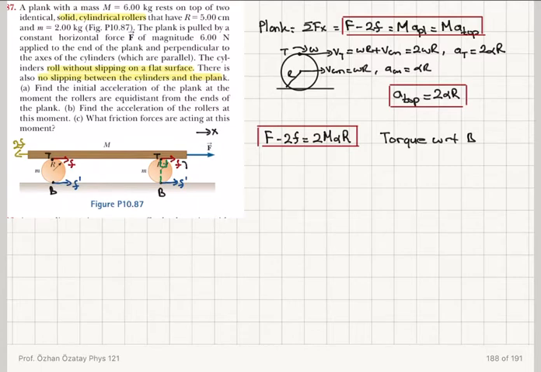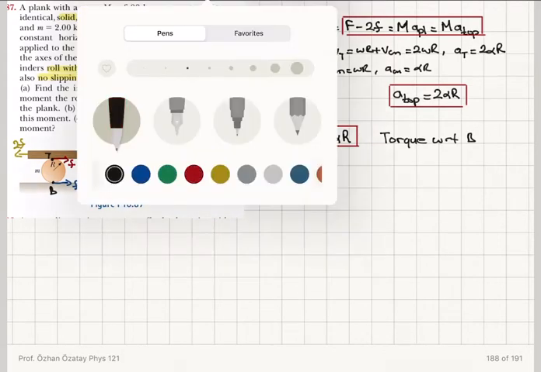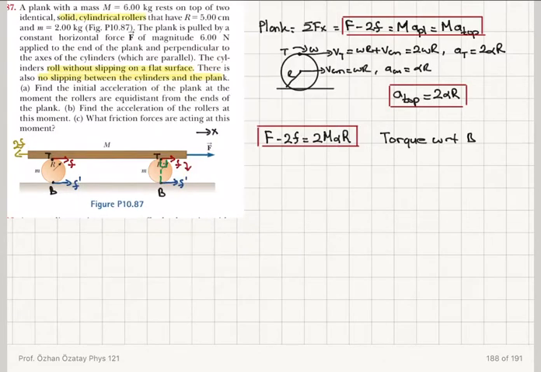It is r cross f. It's going to cause a rotation that's clockwise. So let me show this with red here. So that corresponds to the torque due to the small f. So it is small f times 2r is equal to the moment of inertia for rotations around point B times alpha. That's the torque equation.